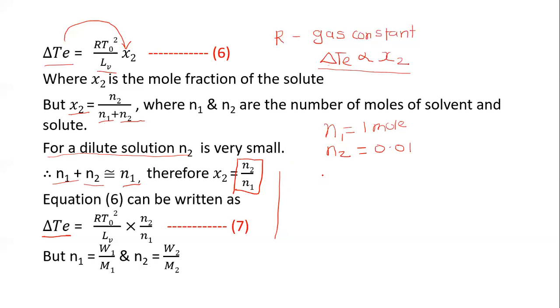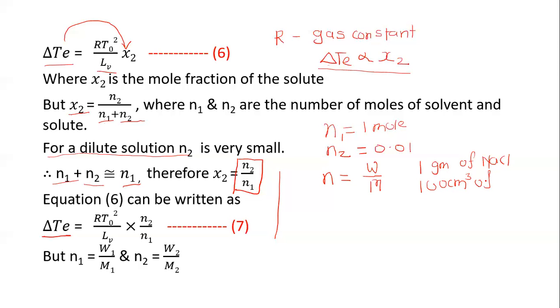Now, according to the definition of the number of moles, how can we determine the number of moles? Number of moles is equal to weight divided by molecular weight. Suppose we are given 1 gram of sodium chloride, dissolved in 100 centimeter cube of water.